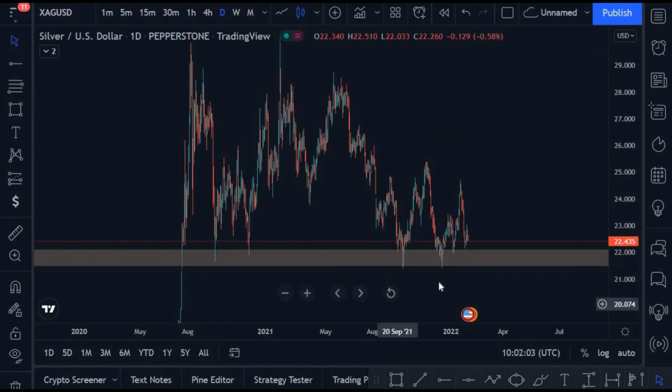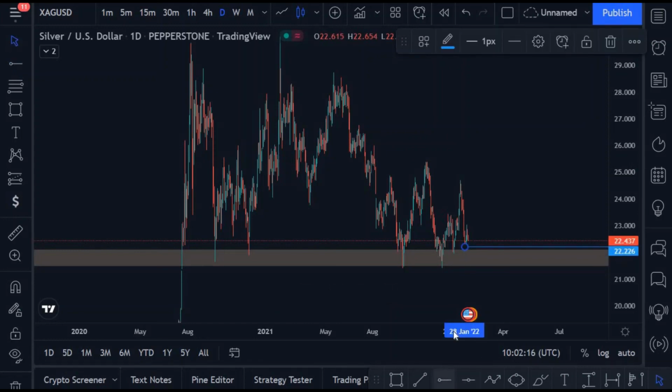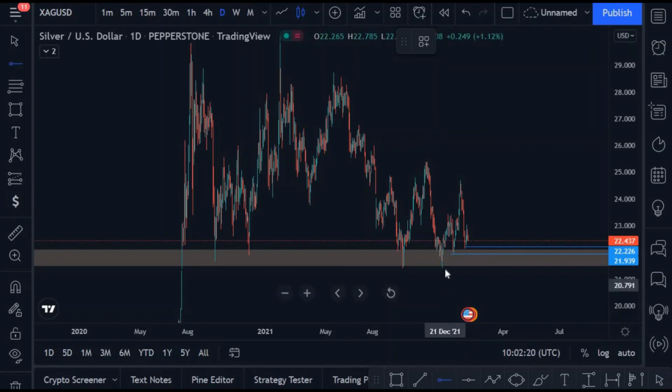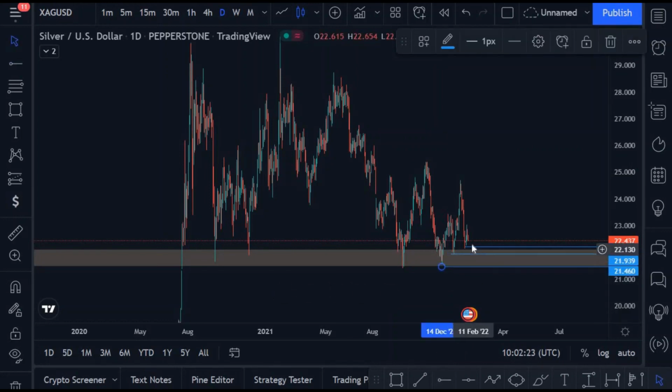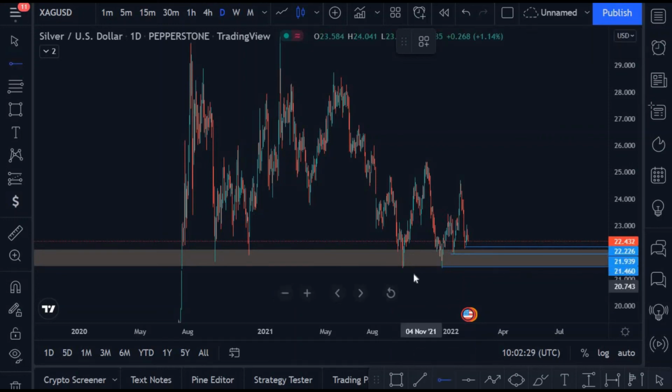Now, if you look at all of these 1, 2, 3, 4, and 5, and even here to the 6, you will notice that we didn't get the reactions from exactly the same spot, but from the same area. So it is just an area of value.